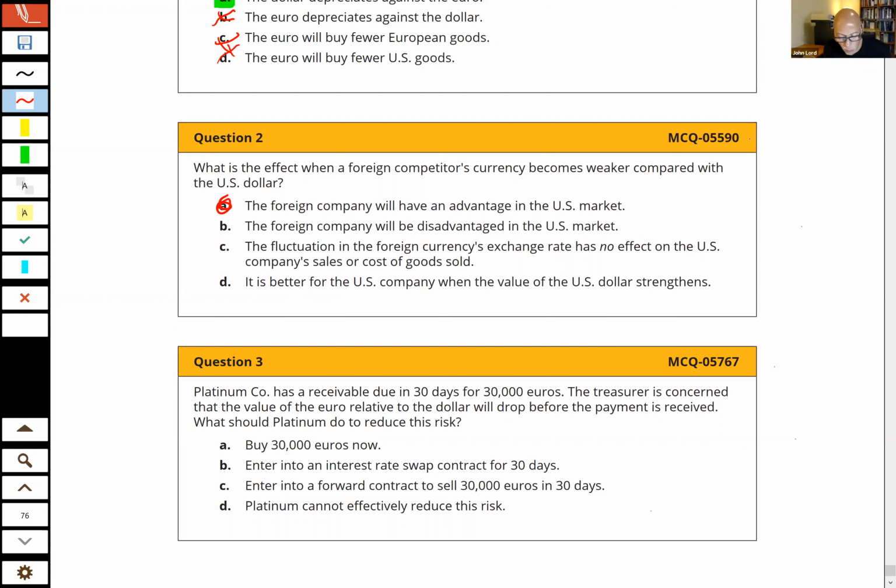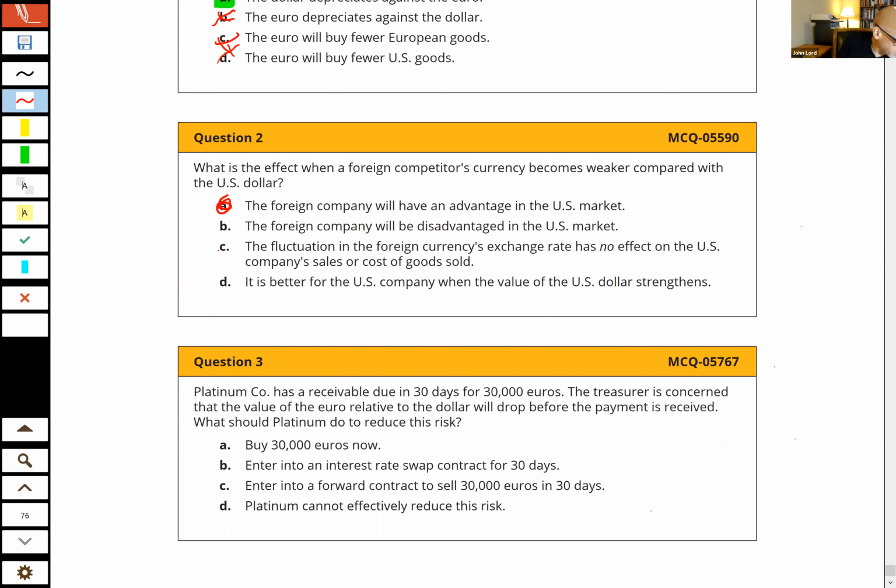And what is the effect when the foreign competitor's currency becomes weaker compared with the US dollar? Let's just take a look. The foreign company, obviously A and B are opposites. The foreign company will be at an advantage in the US market because it's going to do what?